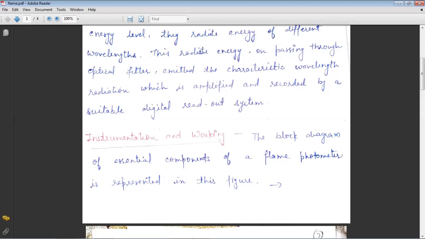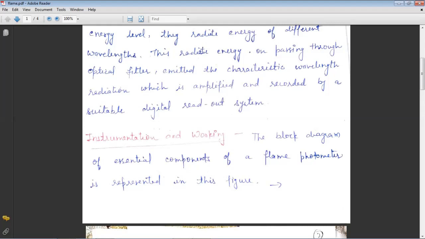Clear? Then the solvent is firstly vaporized, leaving particles of solid salt, which are then vaporized into gaseous state. Okay, the gaseous molecules dissociate to give neutral atoms, which can be excited by the thermal energy of the flame. That is the basic concept.